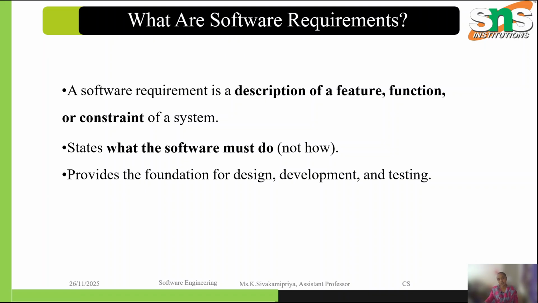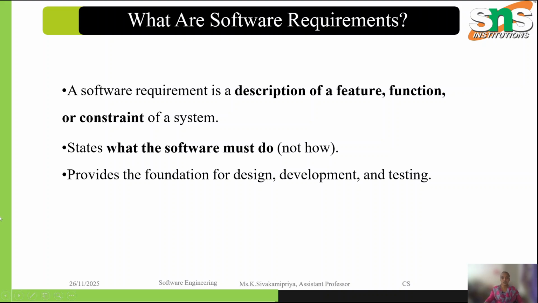A software requirement is a description of the future functions or constraints of the system. Each requirement has a different description for future product development: what the software must do, not only now, but how the software must do it. That is called software requirements.